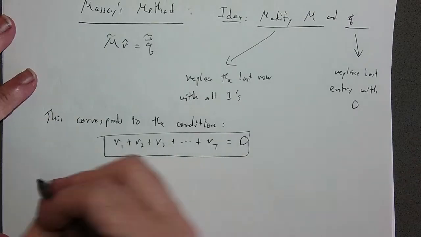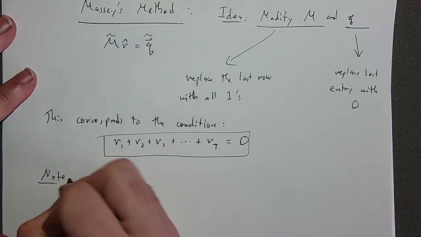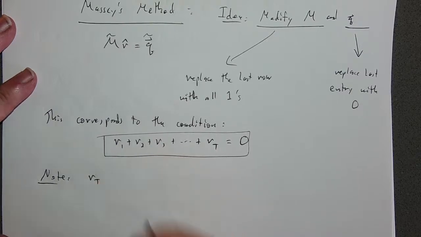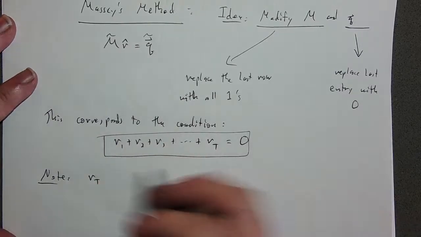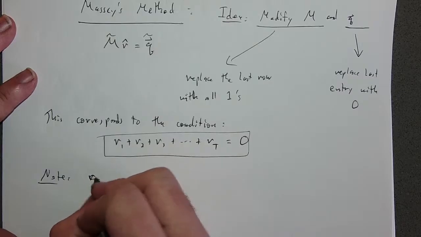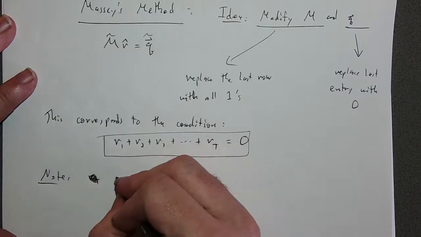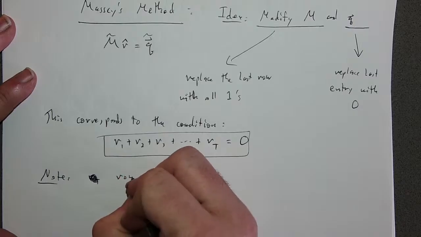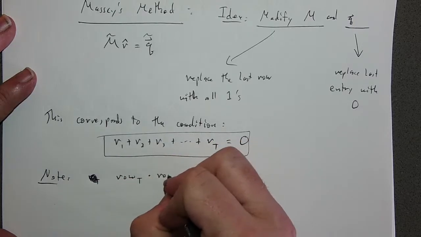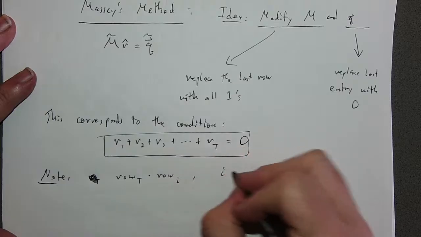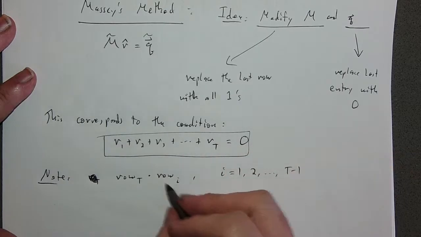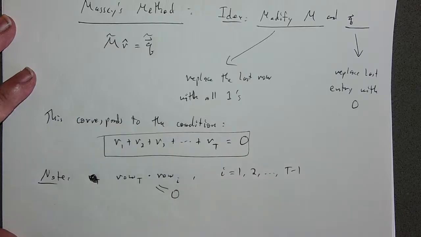The other thing to note is that this row R sub t, if I consider it as a row vector, I don't want to confuse you, so let's write it like this: row t dotted with row i, if i is 1, 2, anything up to t minus 1, this is 0.